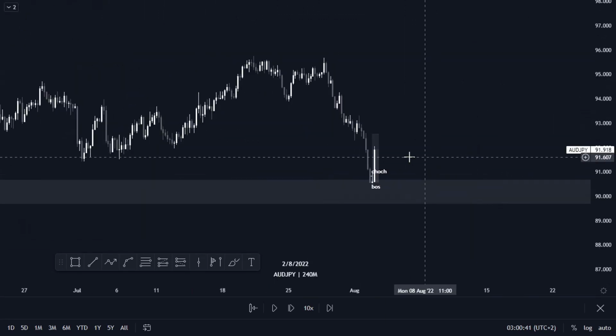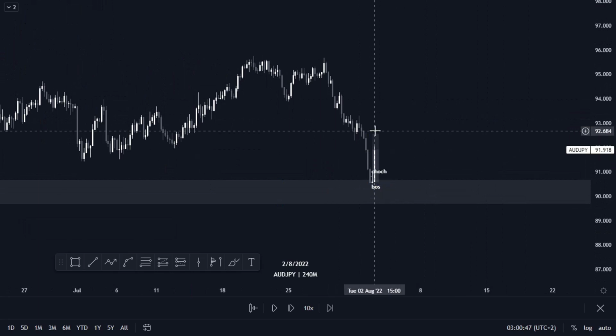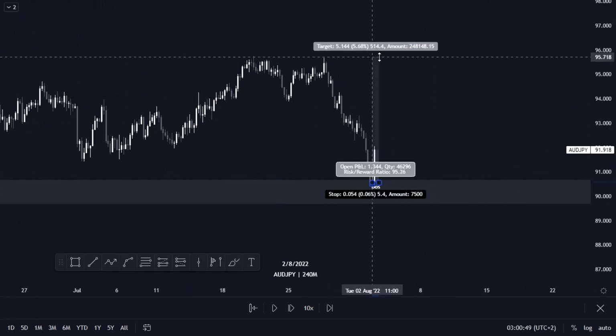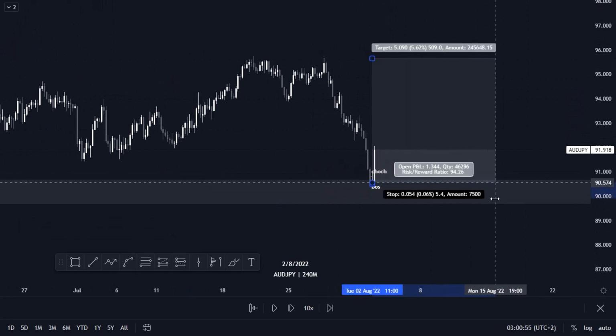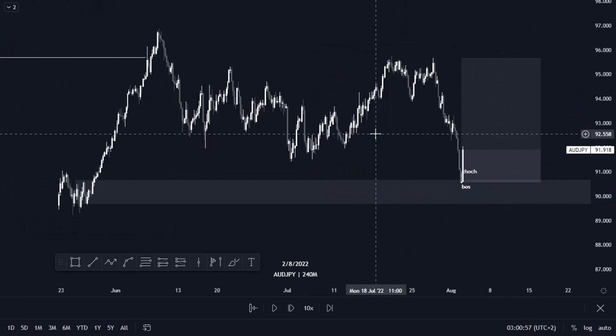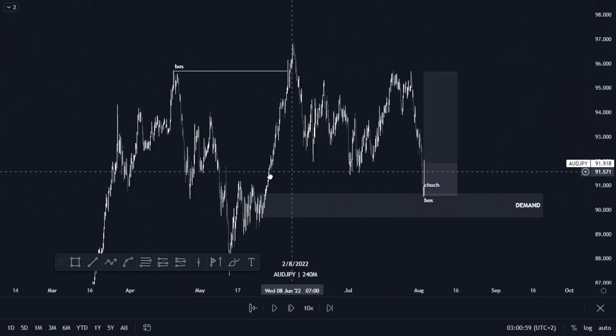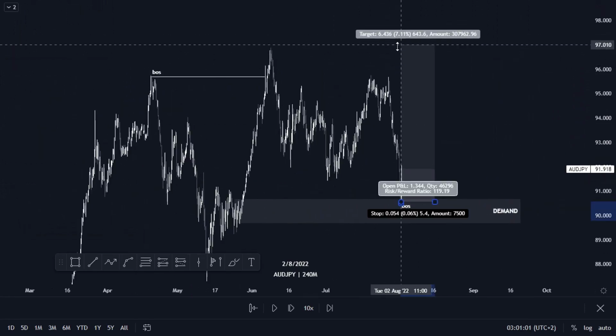So initially we took the confirmation entry, took your partials at the next high, and then your take profit is here at this high. Okay, no, I'm lying. Your take profit is here at this high.